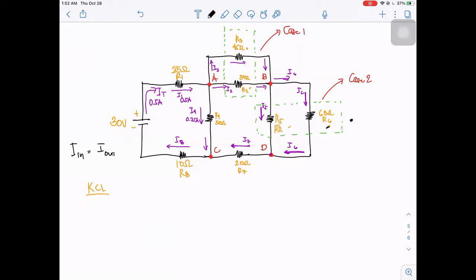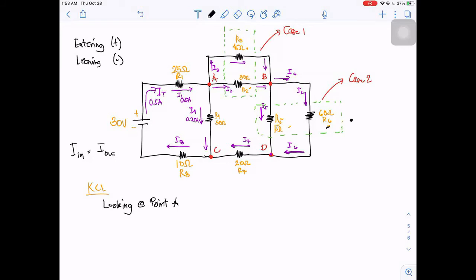So entering is positive. So we can have this symbol: entering in a point or in a branch is positive sign, leaving is negative. So looking at point A, we can draw an equation.